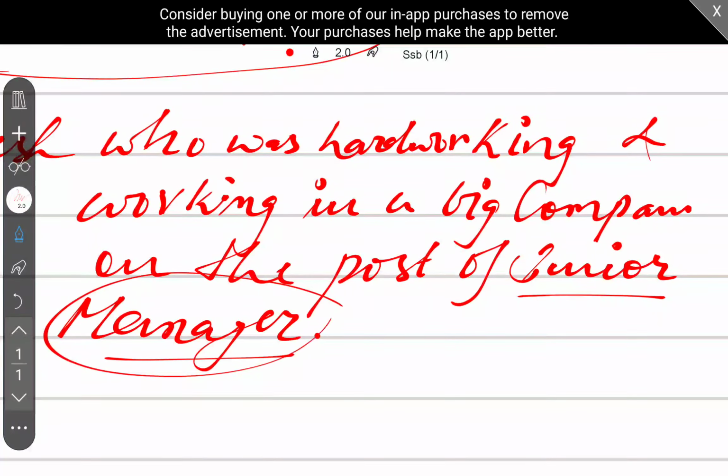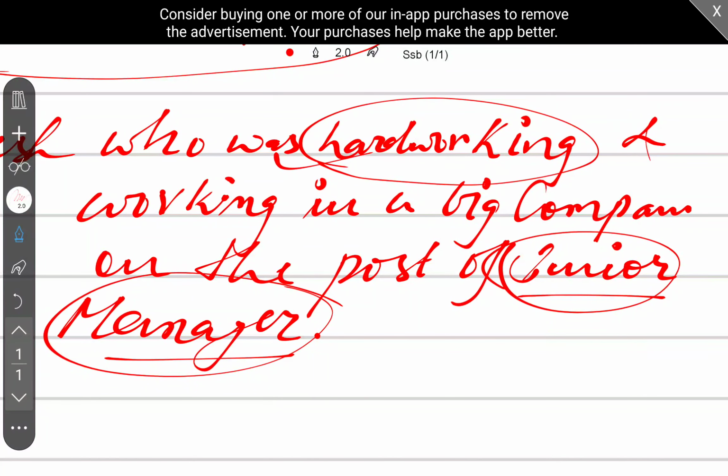By showing him as a senior manager and hardworking, you are empowering your character as a well-designated man.